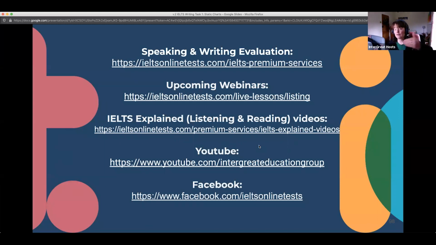Doing the things you need to do gets you a higher band score, and everybody will have a band score that they need to achieve that's been requested by the agency or the university that you are writing to.